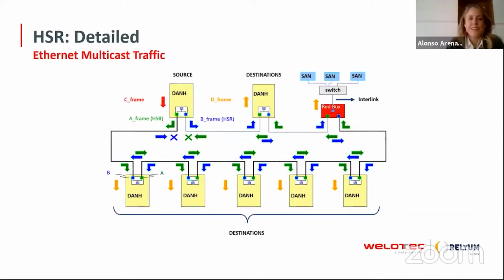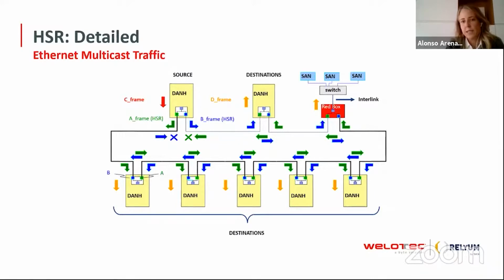Yes, thank you, Jos. In this slide, there's the representation of how Ethernet multicast traffic is sent through an HSR ring. Here in this picture, we can see how the duplicate frame isn't discarded inside the network until it reaches the last node, or better said, all the nodes in the network. In that case, it has to reach the destination, and because it's multicast, obviously all the nodes are the destination in the network.